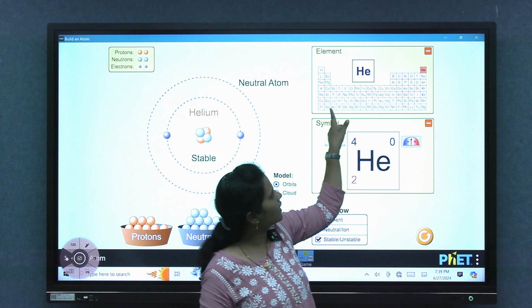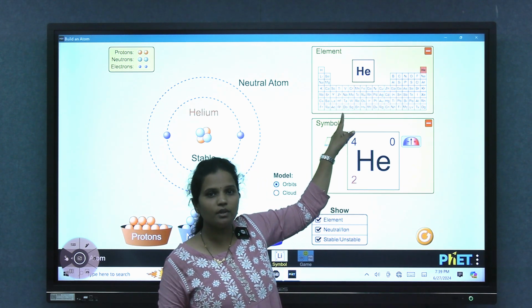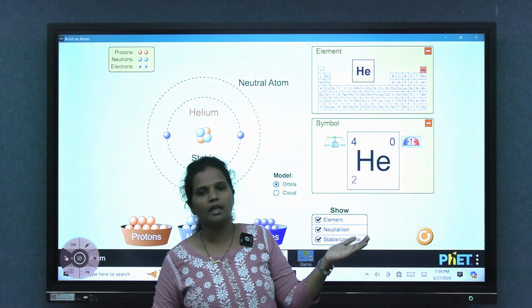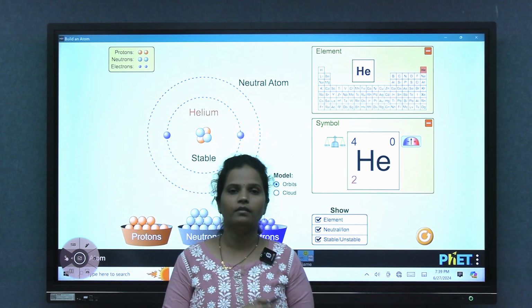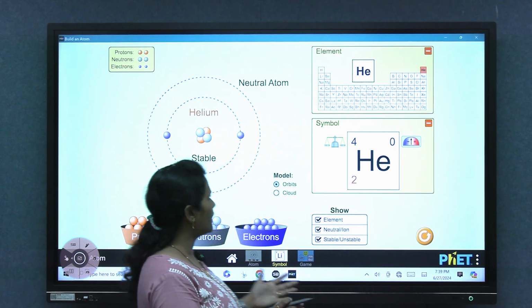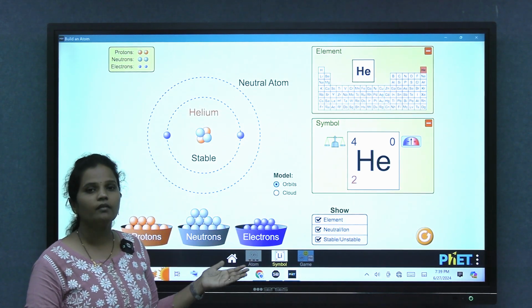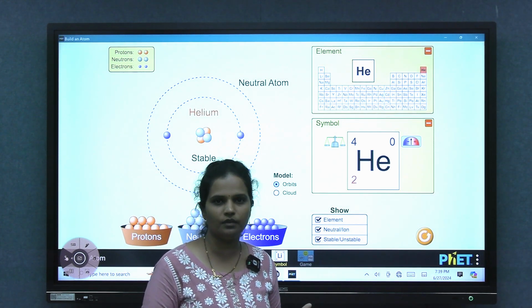All remaining elements in the periodic table are unstable. Due to that reason, a few of the elements lose electrons and a few gain electrons. That is called valency. Whenever an atom loses electrons, it gets a positive charge. When an atom gains electrons, it gets a negative charge.